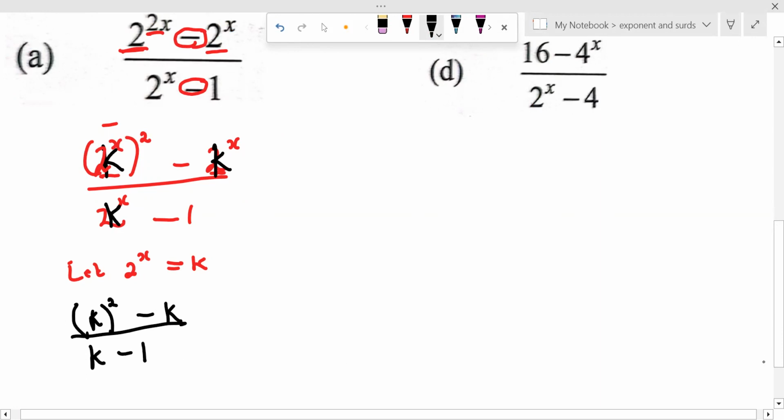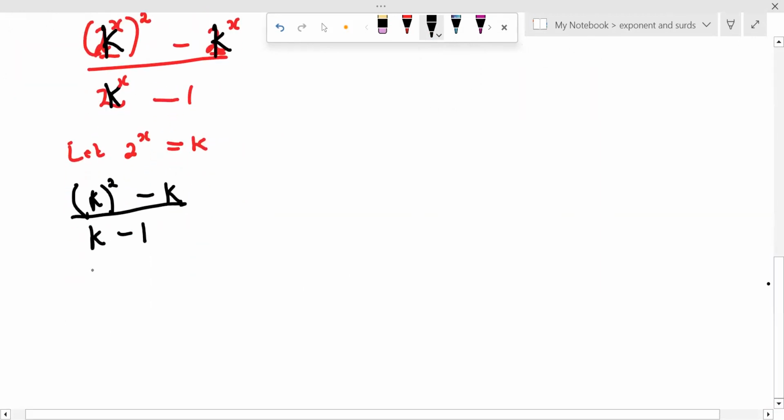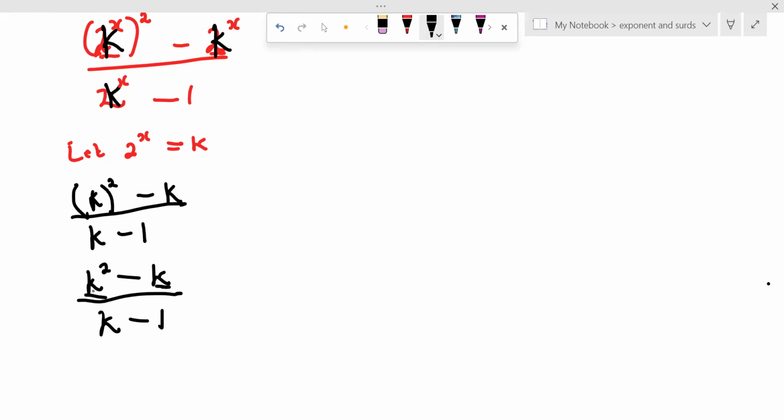Now from here, guys, we can clearly see that we have k squared minus k all over k minus 1. On the numerator, these two are not like terms, but we can clearly see that there's a k here and there's also a k here. So we'll say, let's take out k as a common factor.